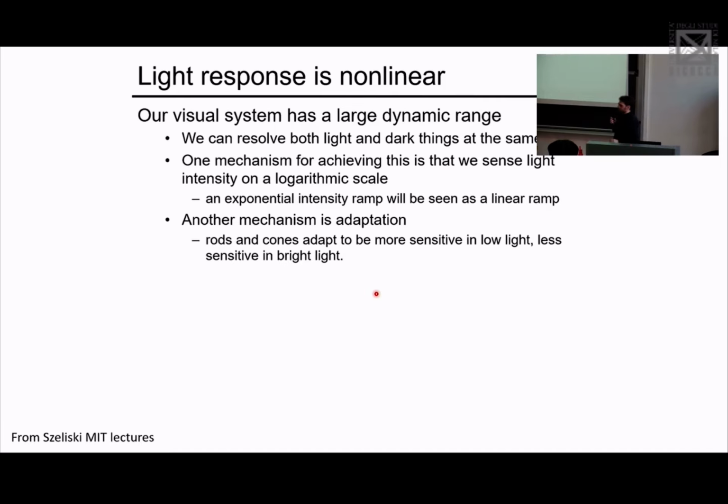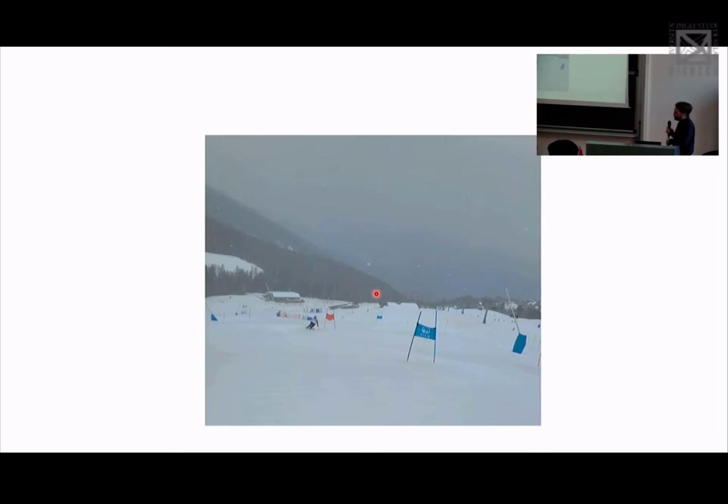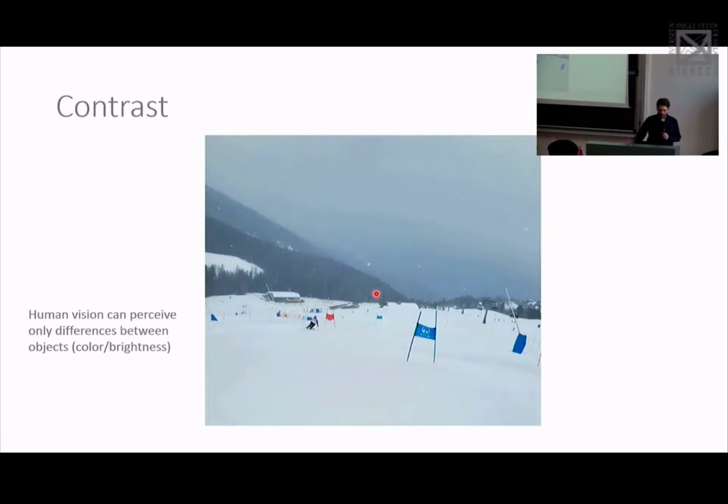And now let's talk about what parameters are important to recognize something. If I take this image, it's hard to spot most things. You don't see much, but if you take this image, you can notice that human vision relies mostly on the difference between colors or between brightness.